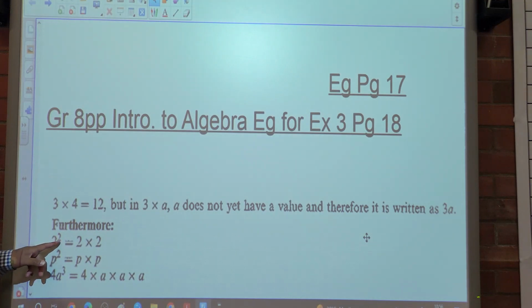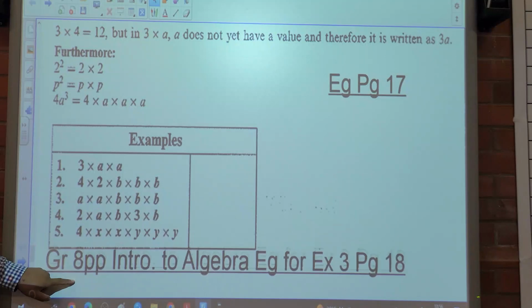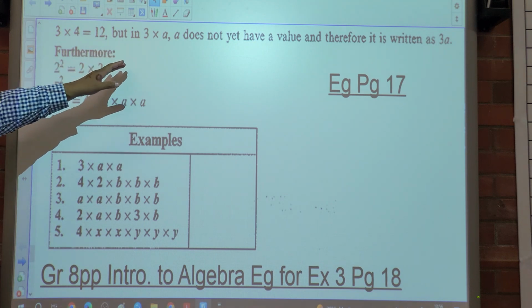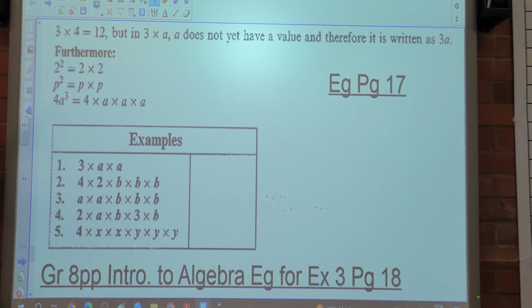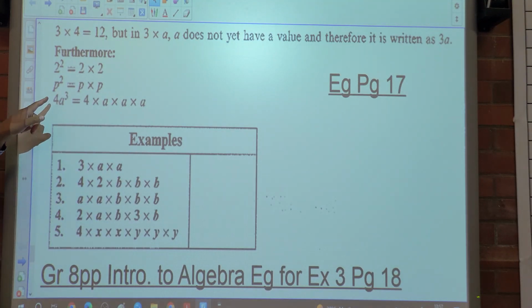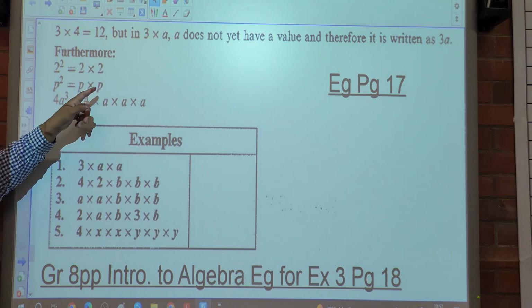Furthermore, what is 2 squared? 2 times 2, but we know that is 4. Why? Because it has a value. However, p squared, what is p squared? p times p. What is a cubed? a times a times a.